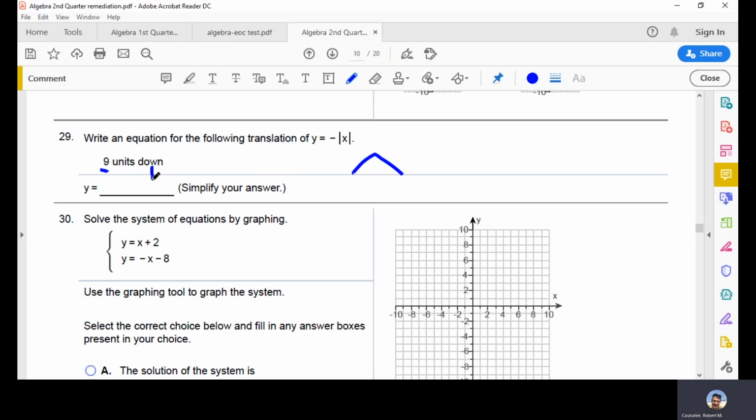Where? Down. Down is a negative outside of the function. How many units did it go down? 9 units. Wow, there you go. So y equals negative absolute value of x minus 9.